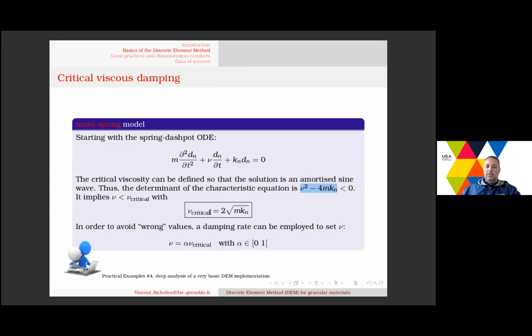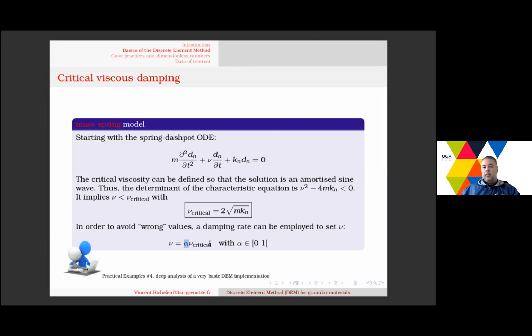It results that the critical viscosity has to be 2 times the square root of m times stiffness. In practice, to define something which is physically sound in our simulation, the user will instead enter a value alpha, which defines a portion of the critical viscosity.